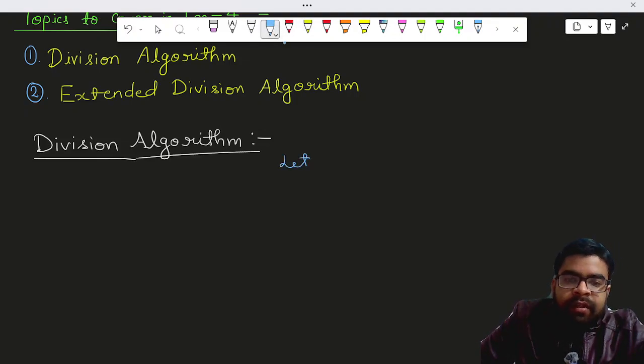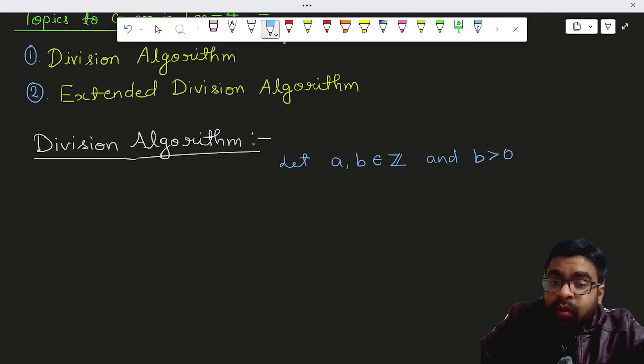Let a, b belong to Z and b greater than 0. Means a, b हमारे पास इंटीजर से आ रहे हैं और b हमारे पास पॉजिटिव नंबर है.